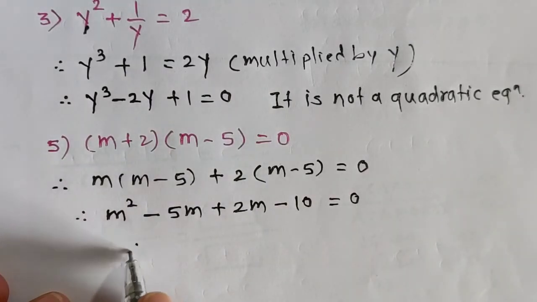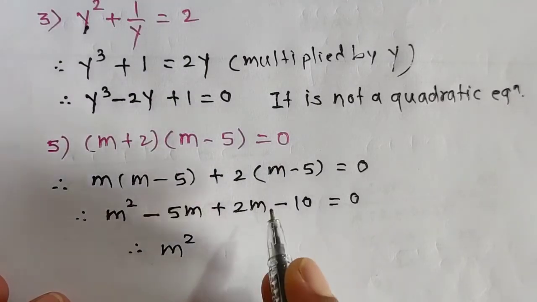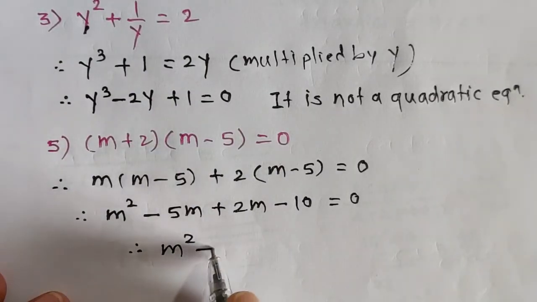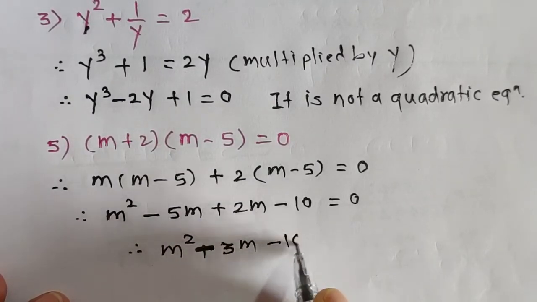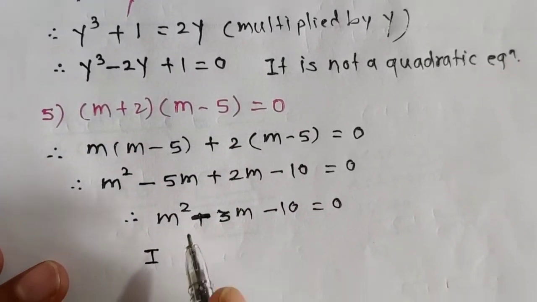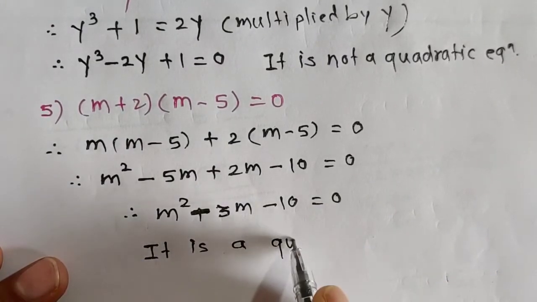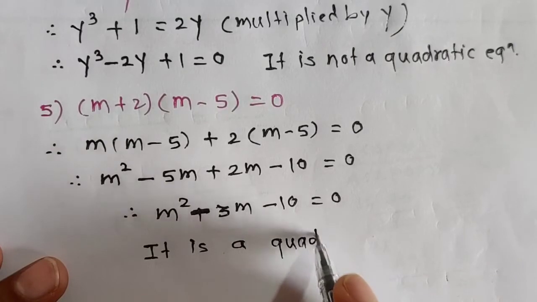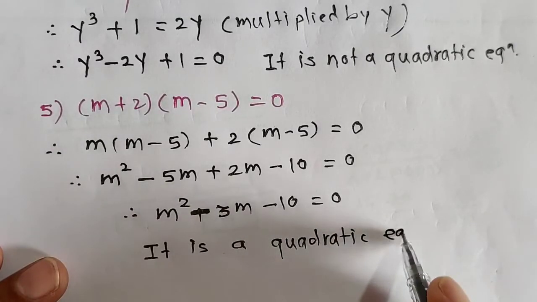Now simplify this equation. m square minus 5m plus 2m, we get addition or subtraction of the coefficients only: m square minus 3m minus 10 is equal to 0. So degree is 2. Therefore our conclusion is it is a quadratic equation.